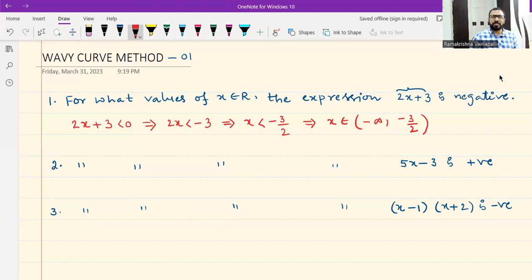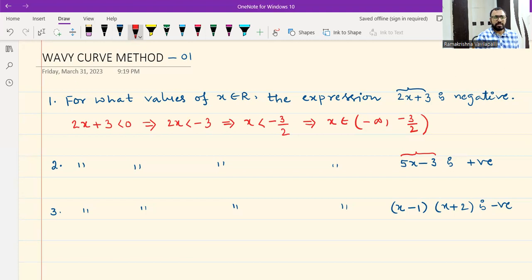So the first example is quite simple. Without using any special knowledge, we can simply tell for what values of x, 2x plus 3 is negative. Let us consider another example. For what values of x is the expression 5x minus 3 positive? Now we want the expression positive.